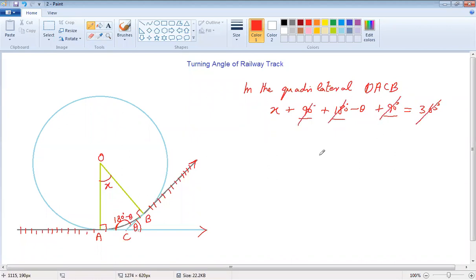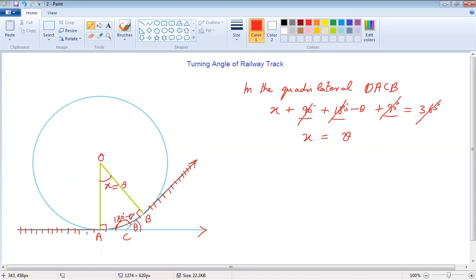It is 360 degree. So it cancels. So x is equal to theta. I hope this is clear. Okay. So x is same as theta.